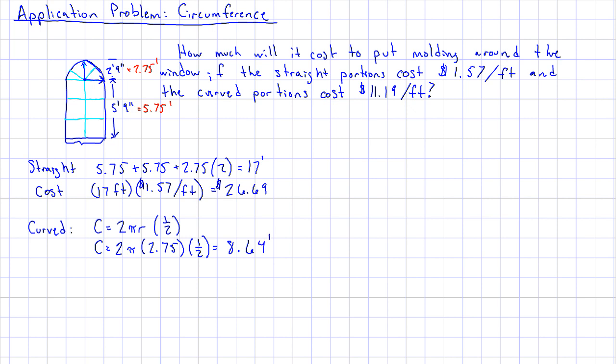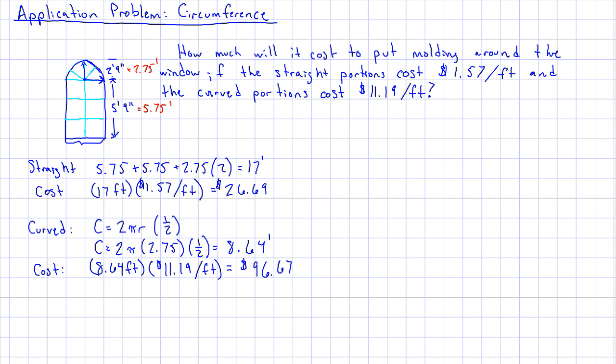And then again, I need to find the cost. So I'm going to take the length, 8.64 feet. I will multiply it by the cost, which is $11.19 per foot. And I will get $96.67.